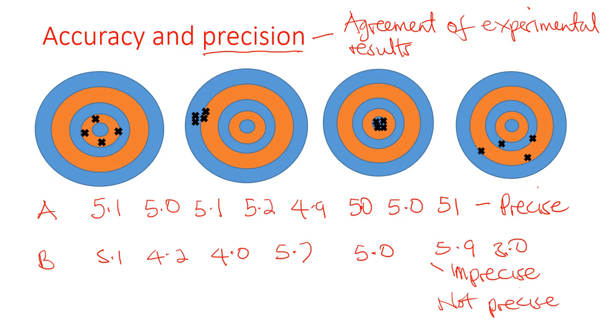So what is the difference between precision and accuracy? Precision deals only with the measured values, while accuracy compares the measured values to a true value or the accepted value. So they do different things.